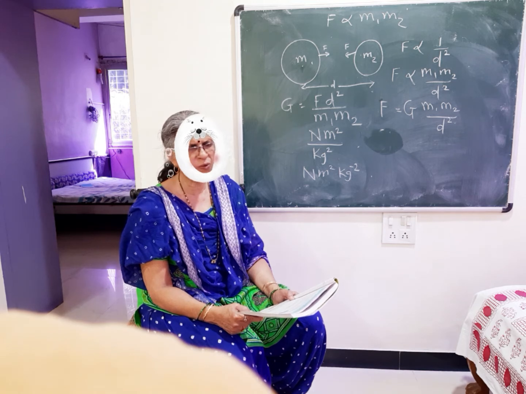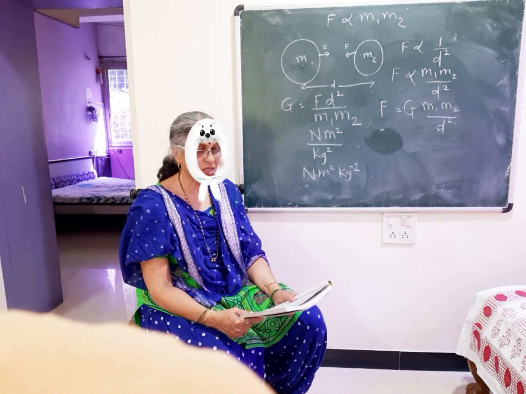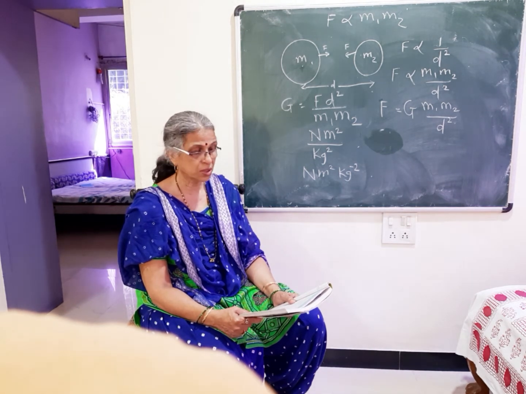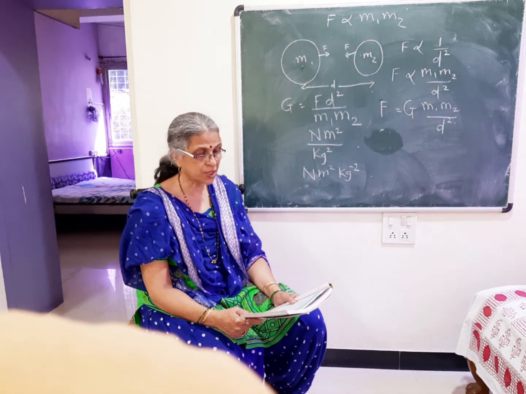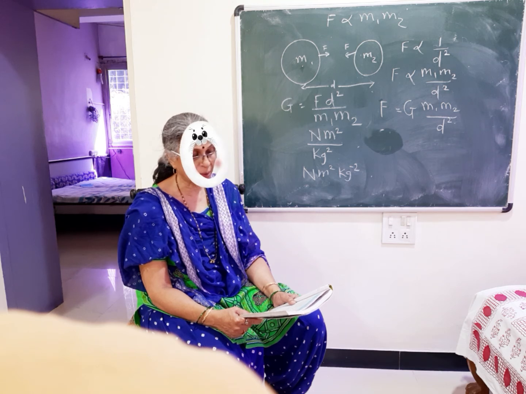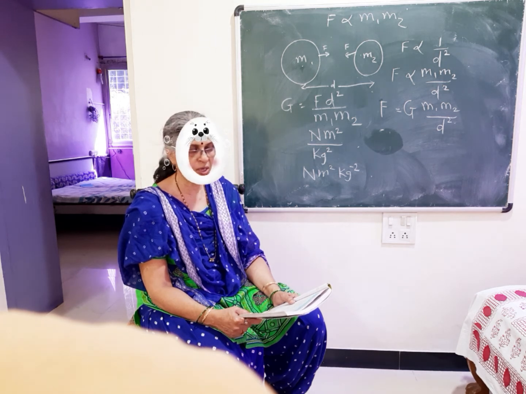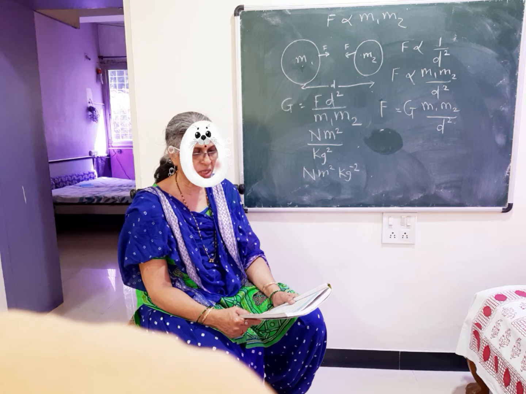This motion of the object in a circular path is possible because the object is constantly acted upon by a force which is directed towards the center of the circle, and thus it is known as the centripetal force or center seeking force.